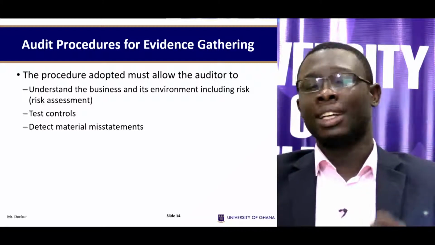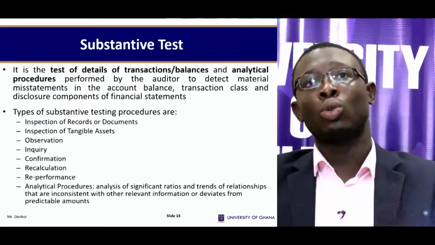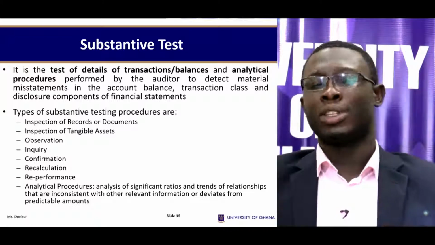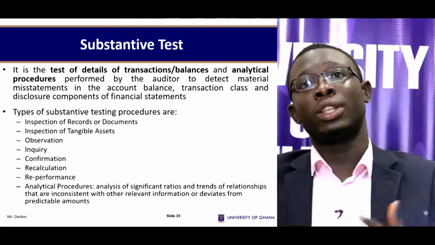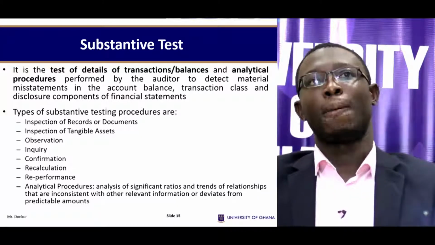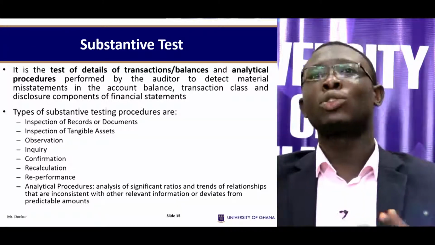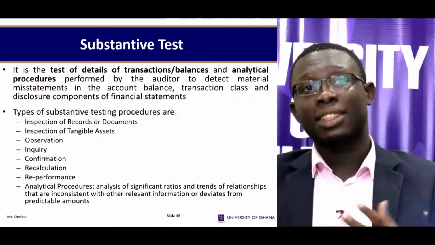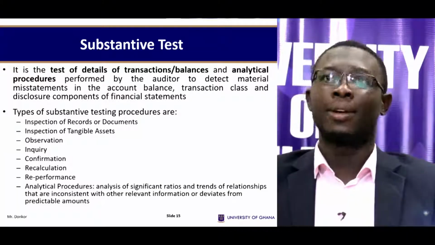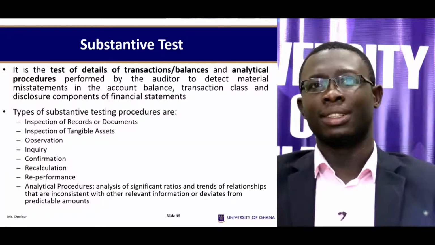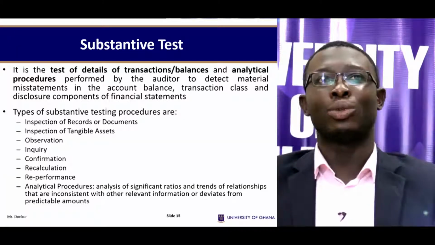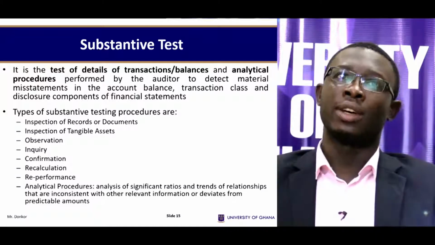One key procedure or strategy the auditor can use is a substantive test. It is a test of details of transactions or balances, or an analytical procedure performed by the auditor to detect material misstatement in the account balances, transaction classes, and disclosure components of the financial statements.